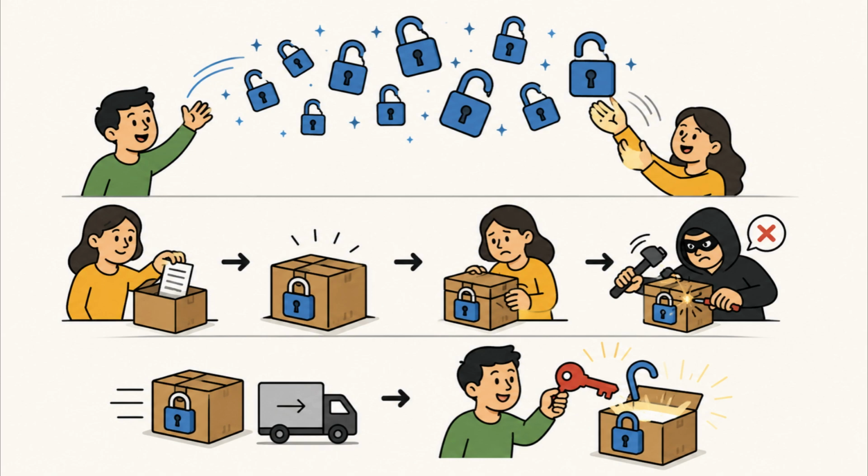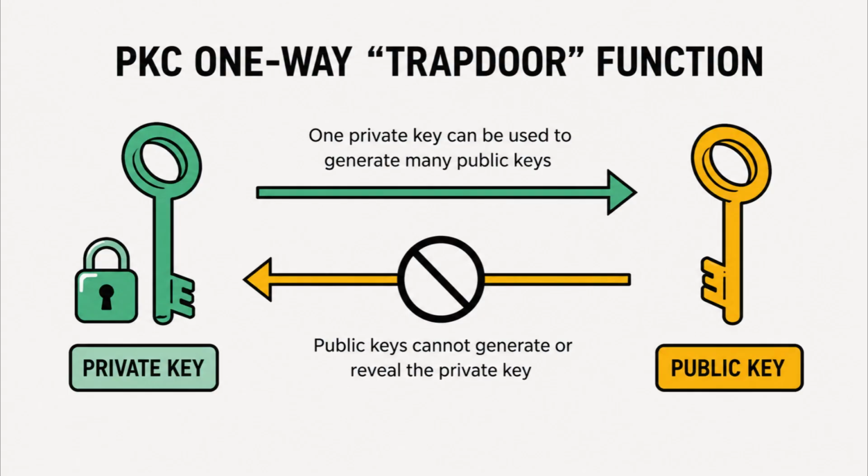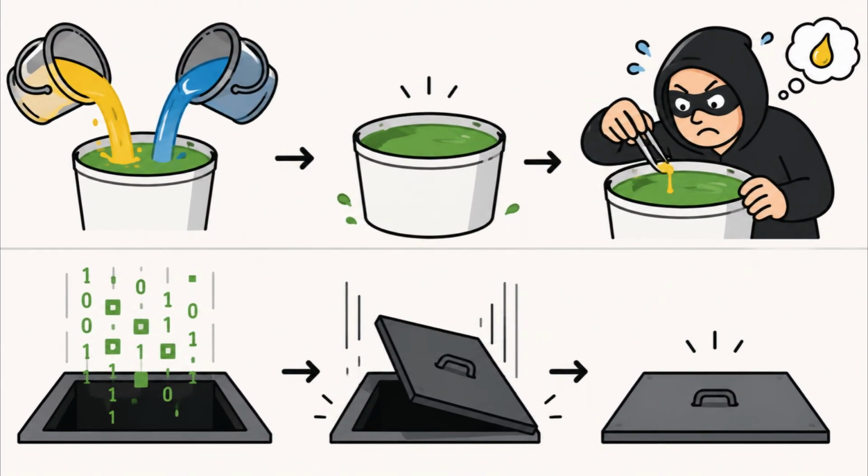Now, if you're a tech enthusiast, you might be wondering, how is that mathematically even possible? It works using something called a trapdoor function. In maths, some things are incredibly easy to do in one direction, but practically impossible to reverse. For example, it's very easy to mix yellow and blue paint together to make green. But if I hand you a bucket of green paint and say unmix this back into perfectly separate yellow and blue, can you do it?